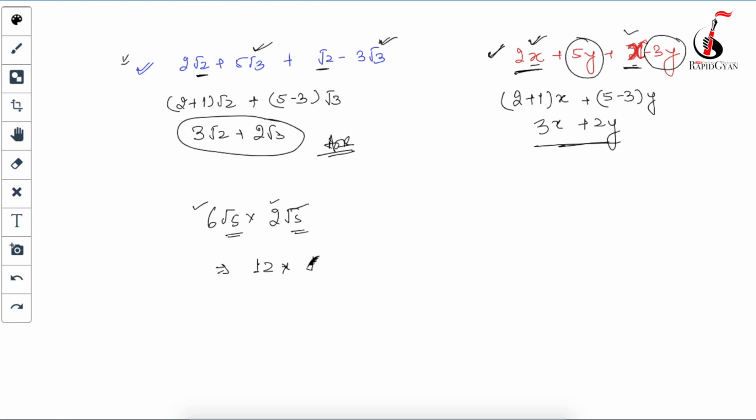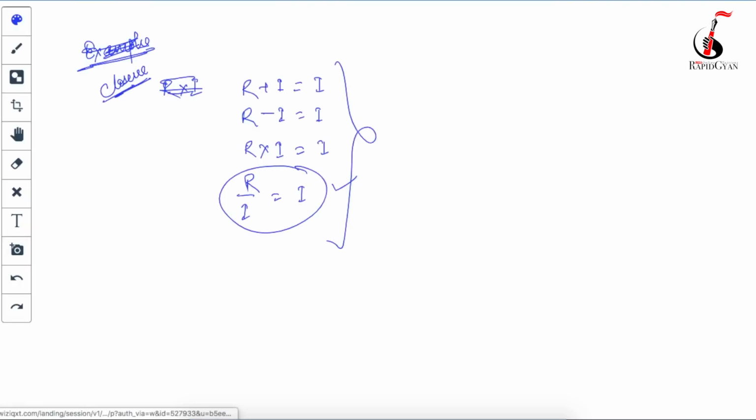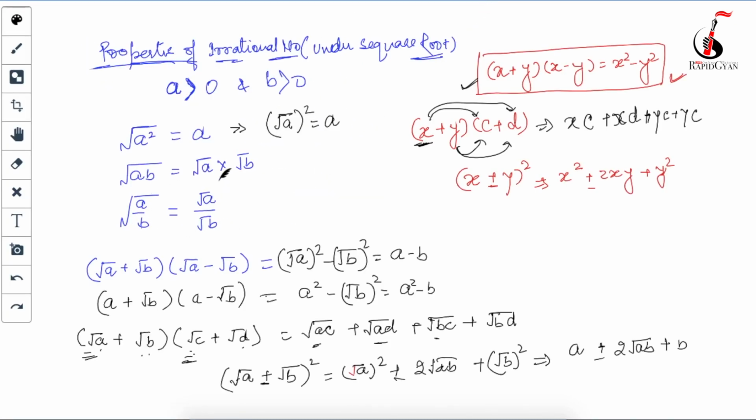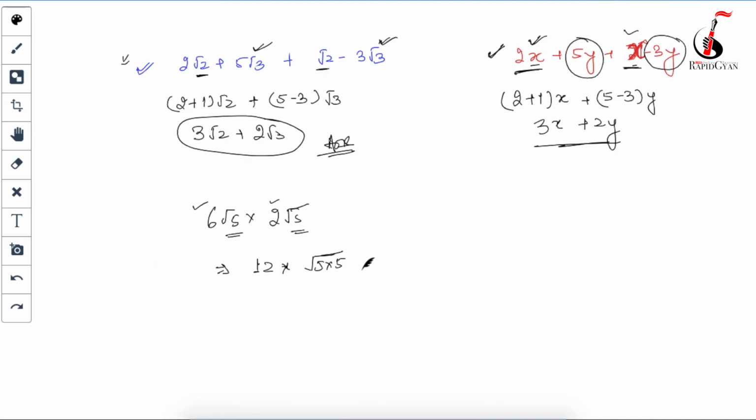So this I write under root 5 into 5. See here the property which I have told you. Under root 5 multiplied by under root 5, that I can write under root 5 into 5. So under root 5 into 5 is your 25. So you will have to find the square root, means this will give you 12 into 5, which is equal to 60. So that's your answer.